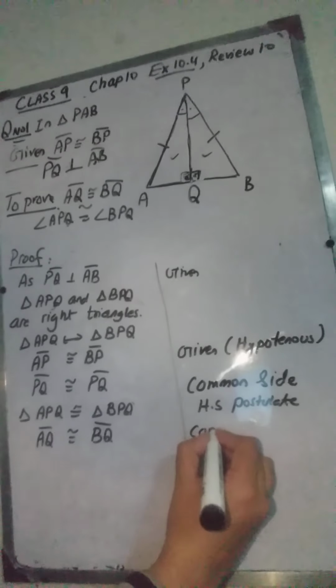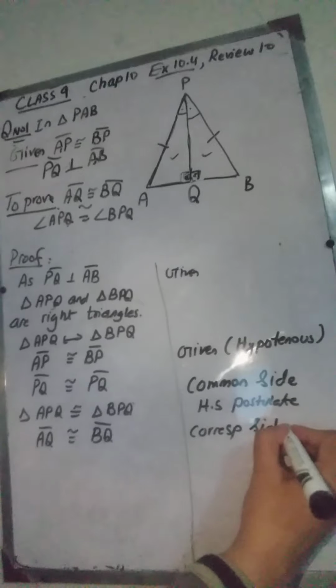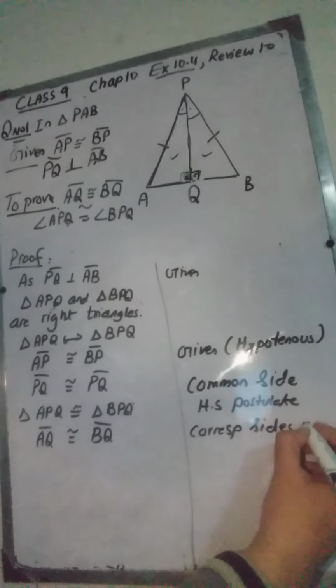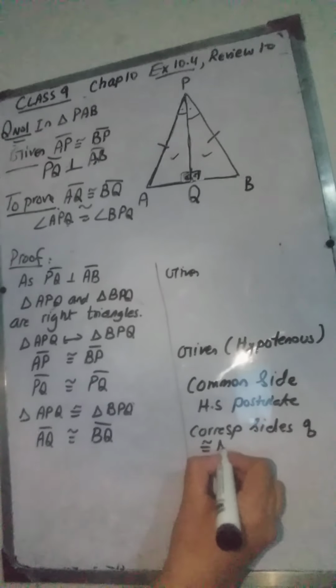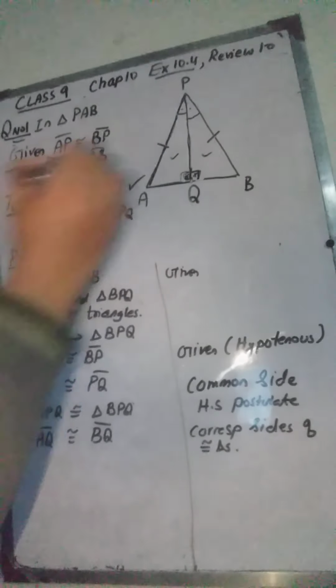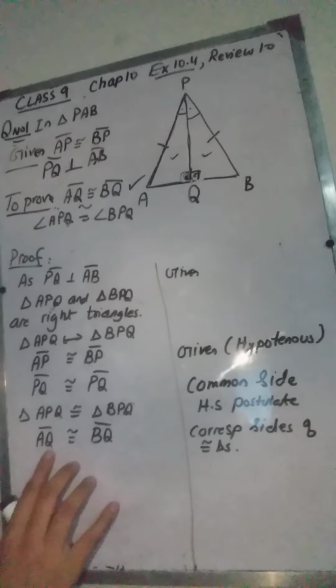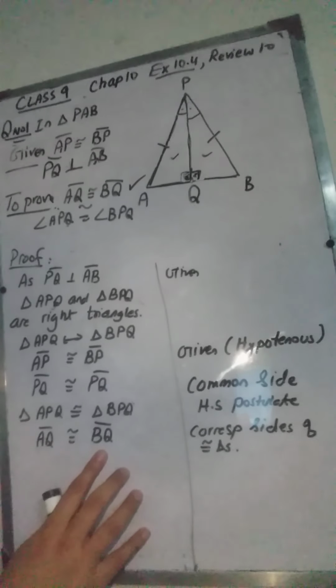So AQ is congruent to BQ, corresponding sides of congruent triangles. So we have proved the first thing they asked us to prove, that AQ is congruent to BQ.